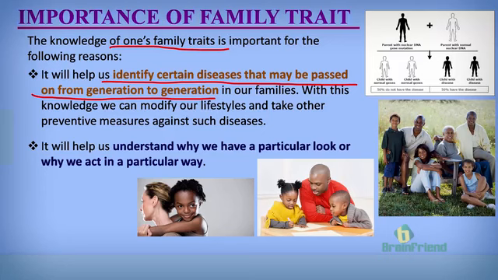So with this knowledge of the presence of this kind of trait, disease in my family, I should be able to modify my lifestyle. I should adjust the way I am living in order to prevent this kind of disease or in order to manage this kind of disease, which I already know is present in my family. So I will modify my lifestyle and also take preventive measures against such disease.